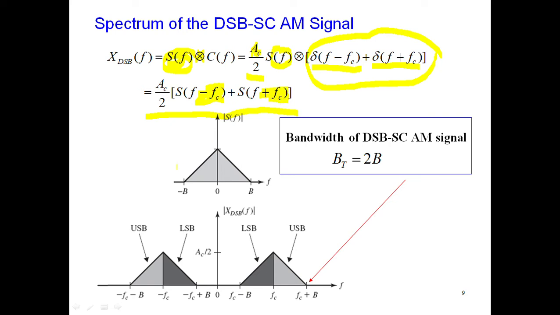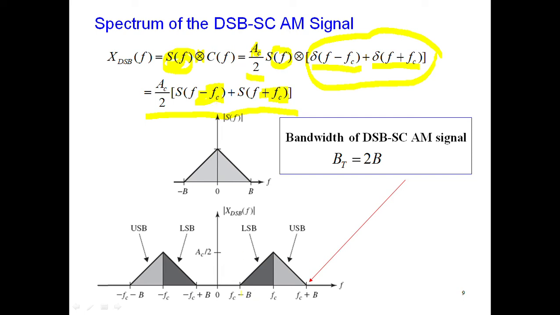Right now if we have a signal S(f), for example, in this example S(f) is a triangle with a bandwidth from minus B to B. When we multiply with the carrier, that means in the time domain we shift the frequency by fc, the carrier frequency.